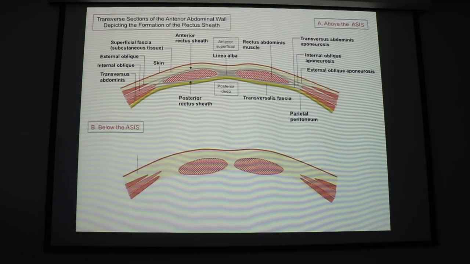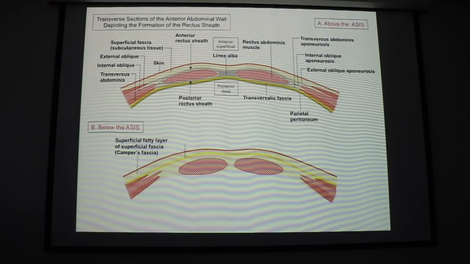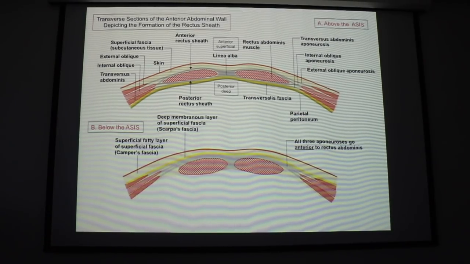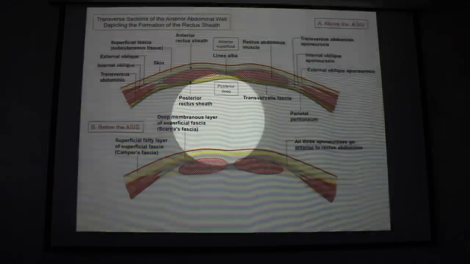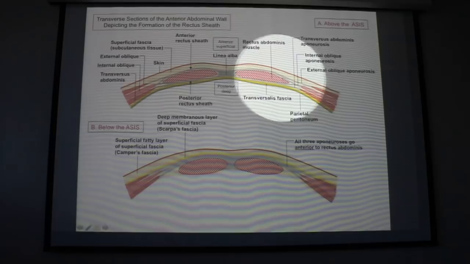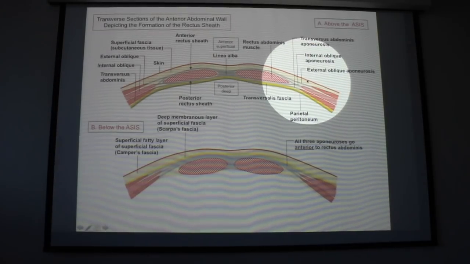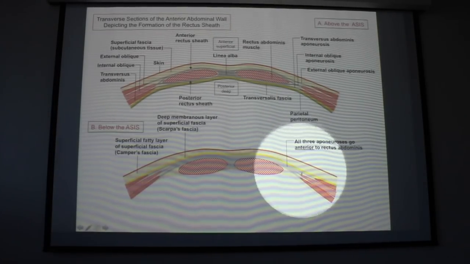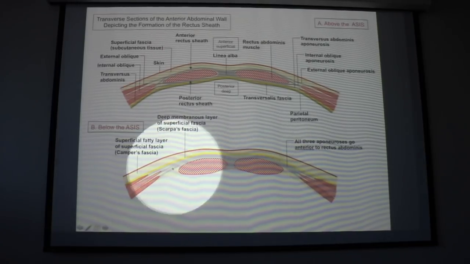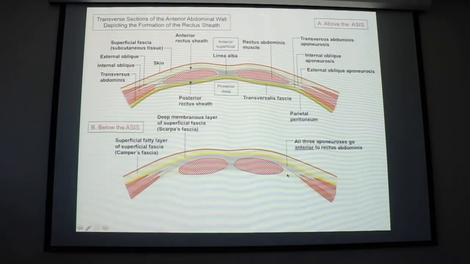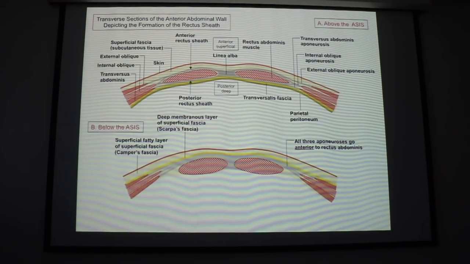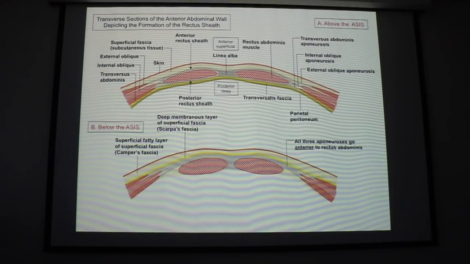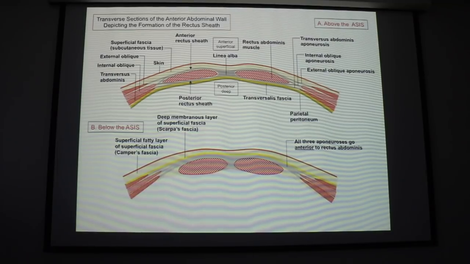Now coming down below, we are all set with this. See what happened? They are not like that. Here, the arrangement was external going in front, transversus going behind, and internal splitting. But here, everybody is going in front. Nobody is going behind. So the primary difference is that below the anterior superior iliac spine, there is no posterior rectus sheath.